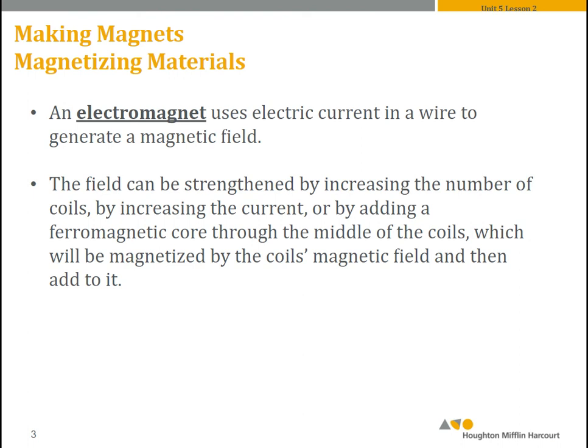What keeps a permanent magnet magnetized is the fact that the electrons in the atoms that make up these magnets, well, all electrons spin, and they spin one way or another. And when an electron spins, just like when an electron flows through a wire, it generates a magnetic field.